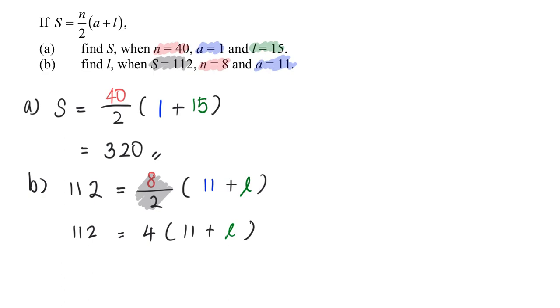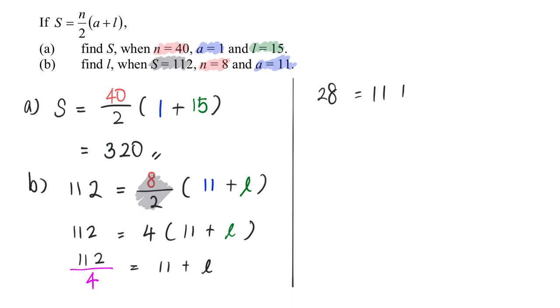Okay, so I'm going to divide by 4 on both sides so that I only have 11 plus L. So 112 divided by 4 will give me 28 equals to 11 plus L. So I will be able to get my L easily, isn't it?